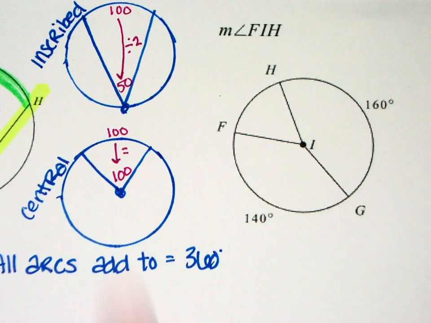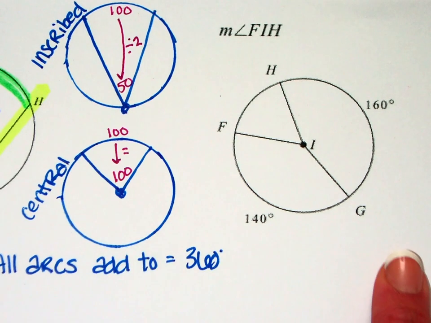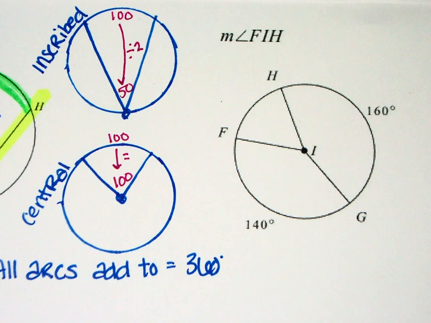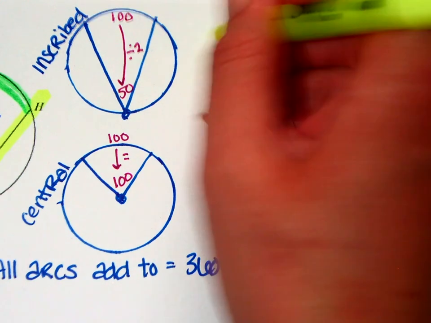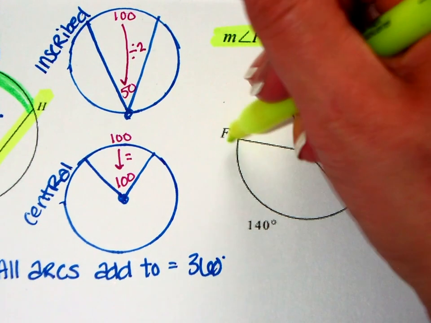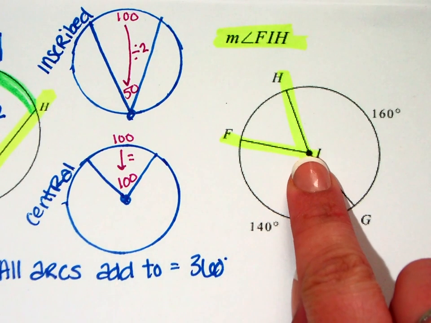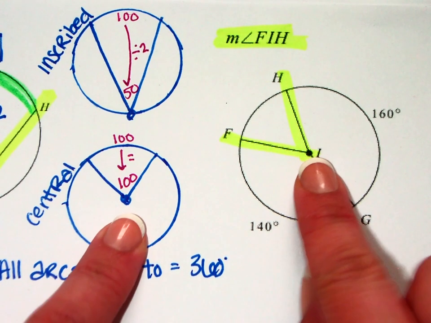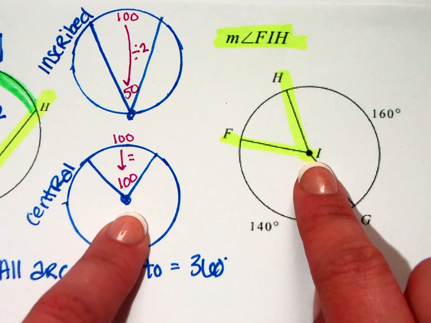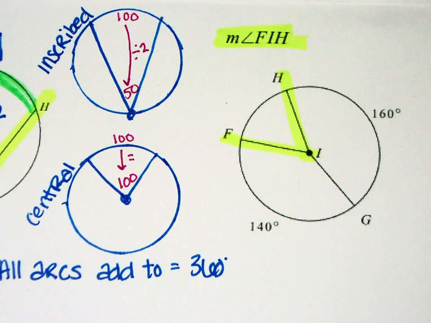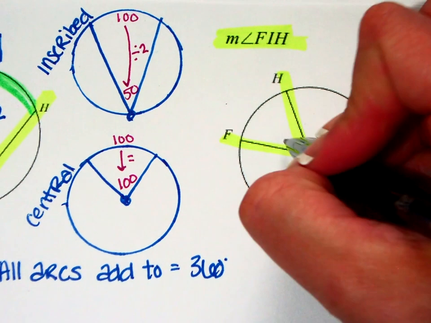I'm going to leave this little section up right here to guide us. In this problem, we're trying to find the measure of angle FIH. I should notice that my vertex is on the center, which lets me know that this is a central angle. If it's central, then my arc and angle should be equal.